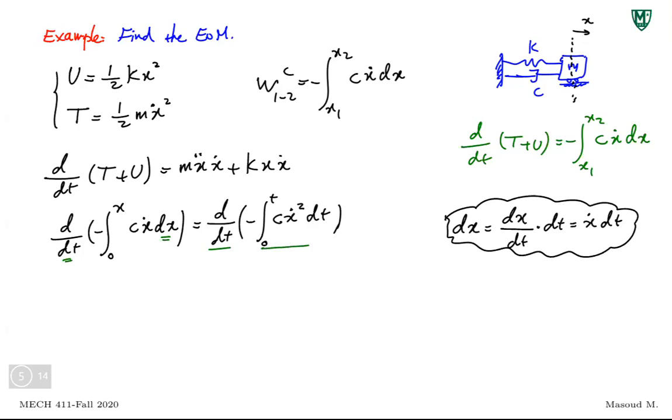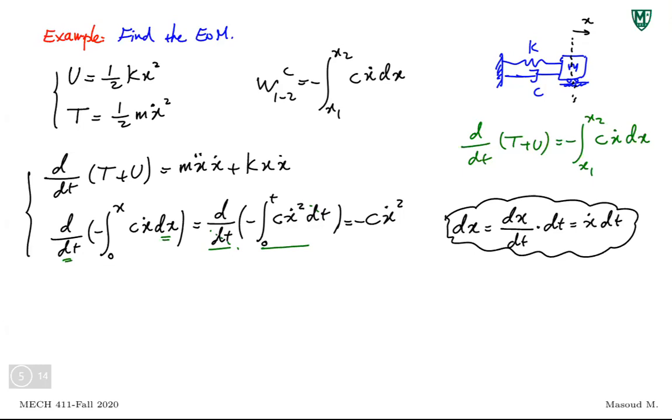So in your mind, you can think that this dt here and this dt here take care of each other. All that is left is minus c x dot squared. Beautiful, right? I didn't have to deal with the complication of the integral, just did a change of variable, and as easy as that, I could get the result of the integral.